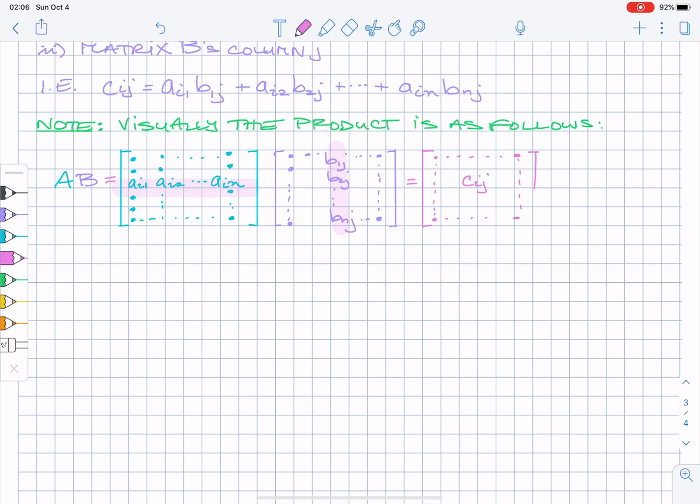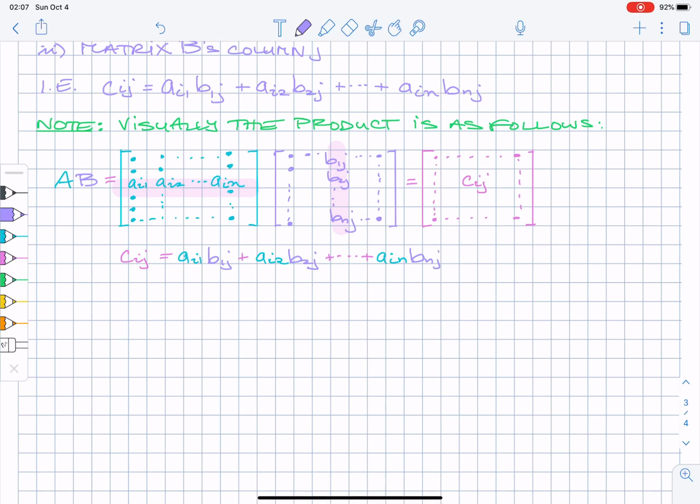So C sub ij is going to be A i1 multiplied by B 1j, to which we're adding A i2 multiplied by B 2j, plus dot dot dot, plus finally A in times B nj.